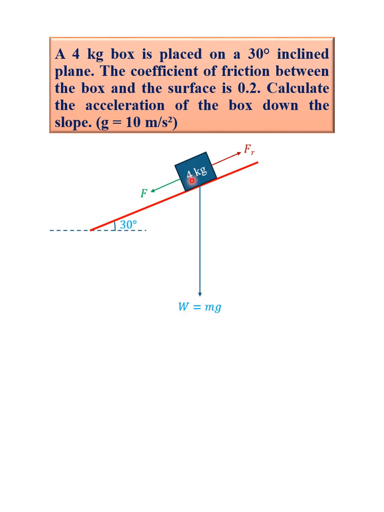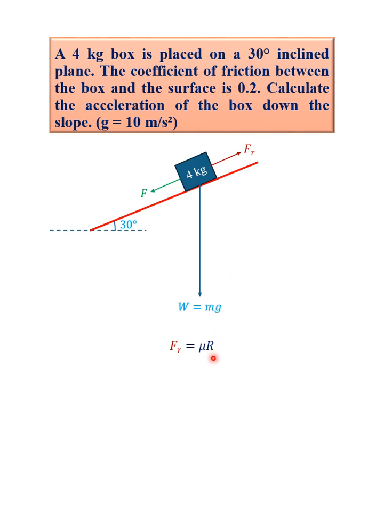So we have the weight of this object giving us mg. Now, let's start by looking for the frictional force, Fr. What is the formula for frictional force? Frictional force is given by mu R, where mu, this symbol here, represents the coefficient of friction, for which we are given its value as 0.2 in this question.